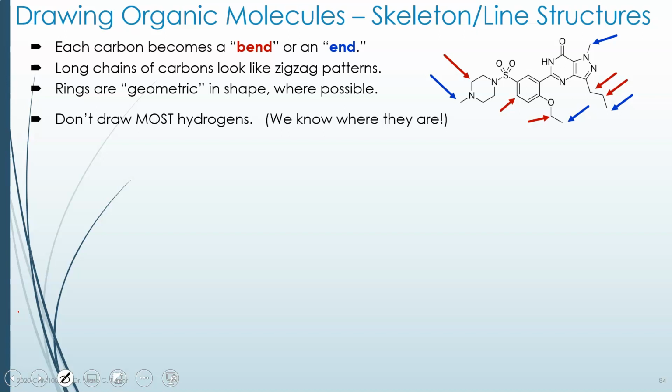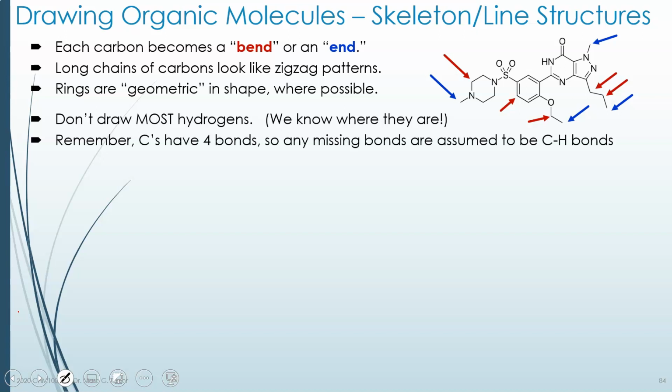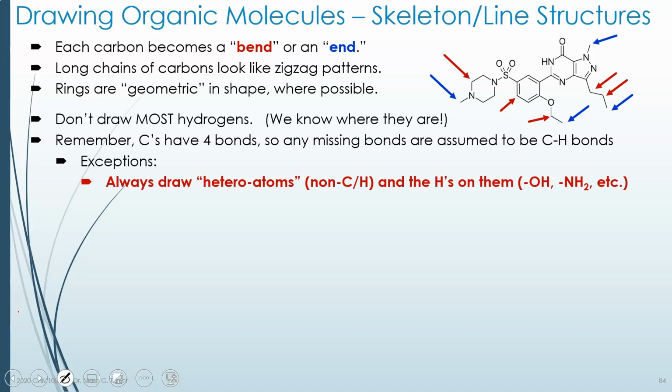Again, we don't draw most hydrogens, though we do have a few exceptions. Just keep in mind the carbons have to have 4 bonds, so there have to be enough hydrogens to load them up. The exceptions are we always draw the heteroatoms. So you'll see in the molecule at the top, we've drawn the nitrogen, the sulfur, the oxygen that are in each of those positions, as well as hydrogens that might be attached to them.